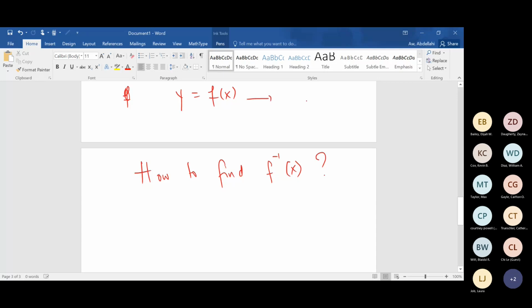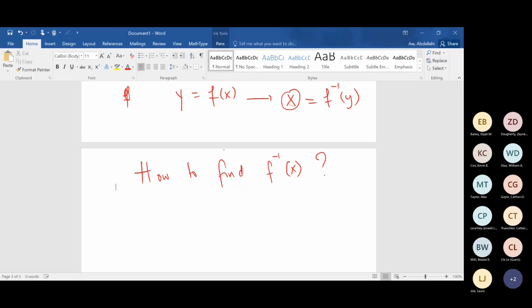If you're able to write x equals f minus 1 of y, which one do you have by itself now? X, okay? If you're able to write that, then you have found the inverse. So to find the inverse, we go from an equation where y is by itself, and we do whatever steps are needed to get x by itself.